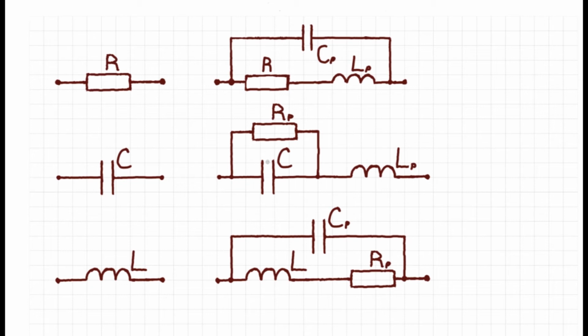The resistance of this dielectric is non-ideal, represented by R parasitic. And parasitic inductance arises at high frequency between contacts of this capacitor.